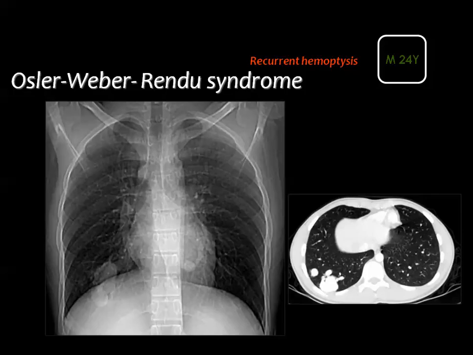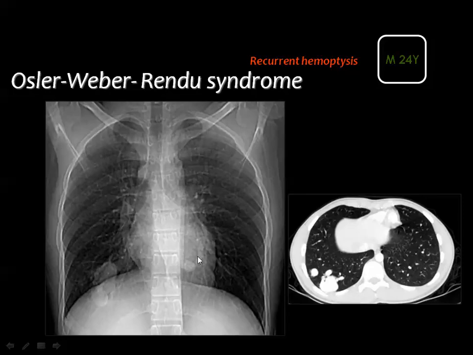When pulmonary arteriovenous malformation is multiple, you know that this disease is known as hereditary hemorrhagic telangiectasia or Osler-Weber-Rendu syndrome. In this case, it is represented by hemoptysis, and here in the plain X-ray you see an arteriovenous malformation in the right lung base, which is well demonstrated on this CT section.